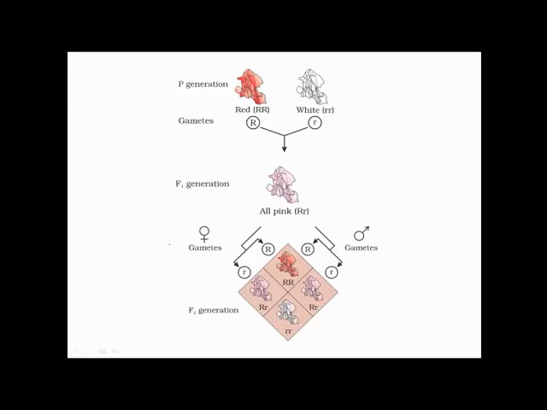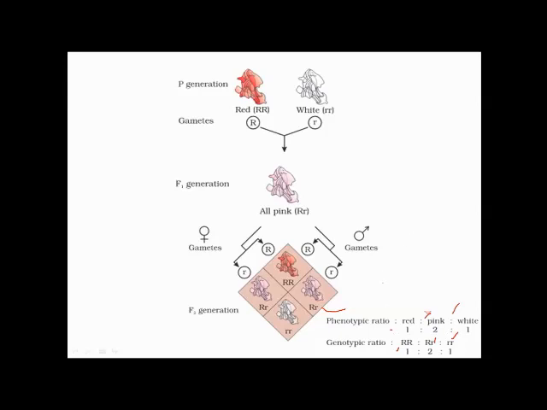If we find out the phenotypic and genotypic ratio, then we find that the phenotypic and genotypic ratios are the same. Now what ratios are seen here? The phenotypic ratio is 1 red, 2 pink and 1 white, and the genotypic ratio is homozygous dominant 1, heterozygous 2 and homozygous recessive 1.